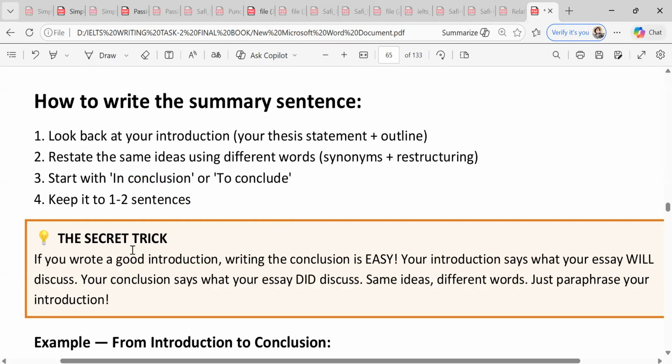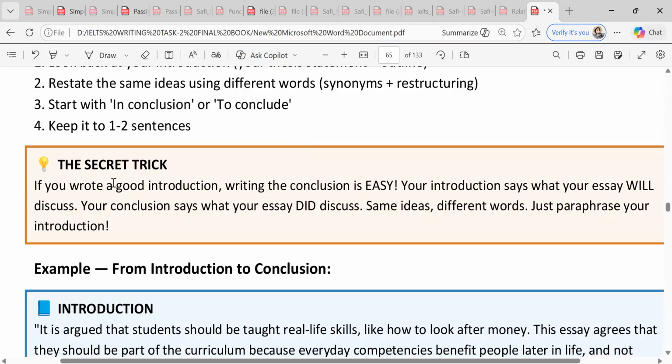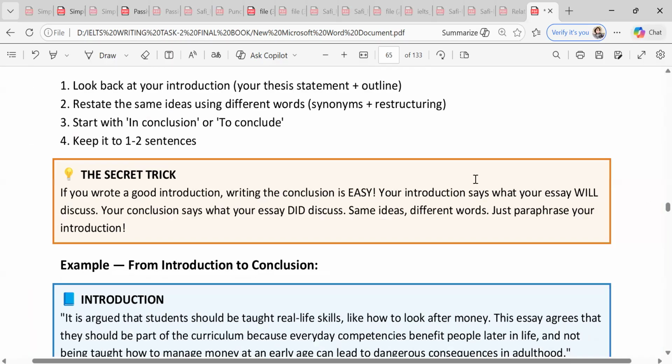So what can be the secret trick? If you have written a good introduction, writing the conclusion is easy. This is very important. Your introduction says what your essay will discuss, because you haven't discussed it yet in the main body paragraphs.